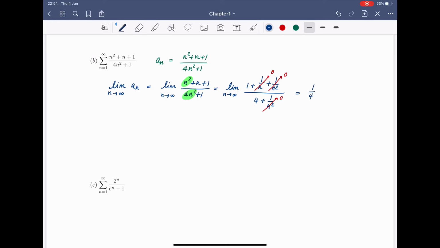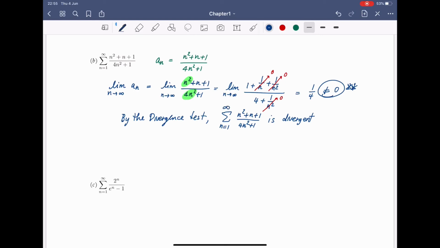And that means the limit is not equal to 0. So by the divergence test, we conclude that the summation of a sub n is divergent, because the limit is not equal to 0.